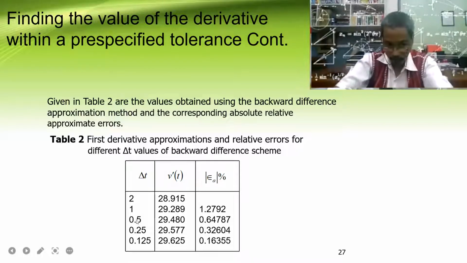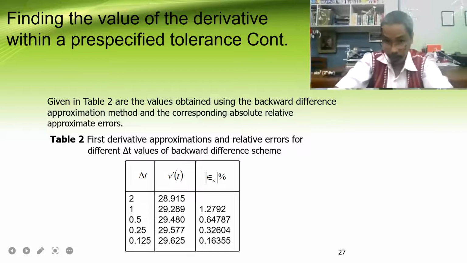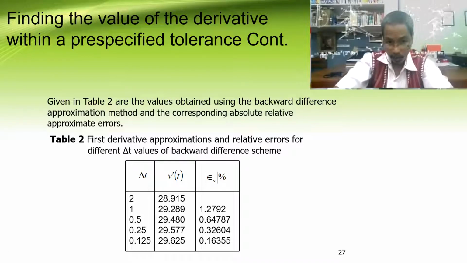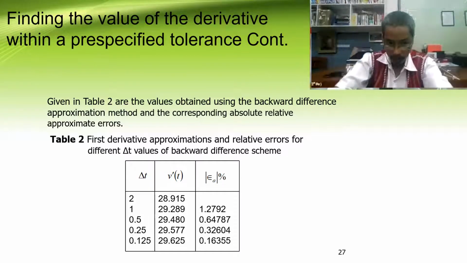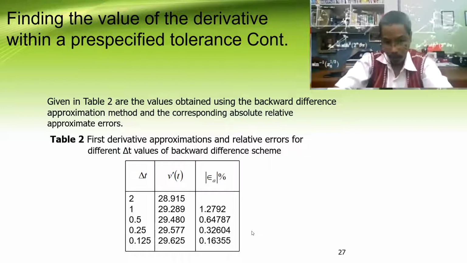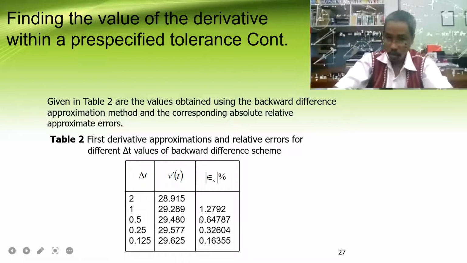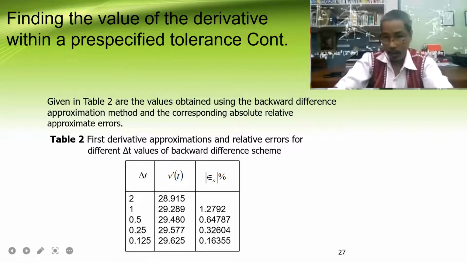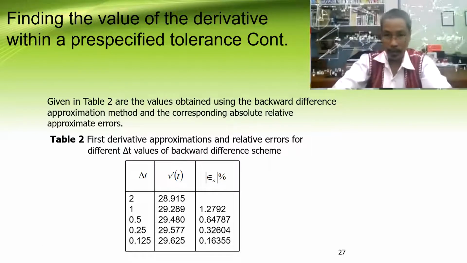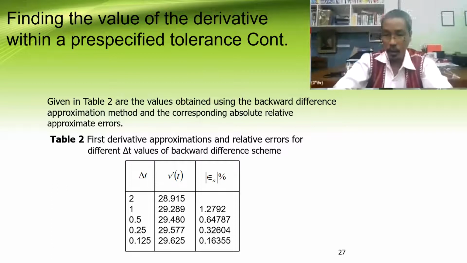Again, another example, another practice. Make delta t equal to 0.5. Another one, make delta t as 0.25. And confirm this absolute relative true error. That's how you get your practice. You will do it yourself.